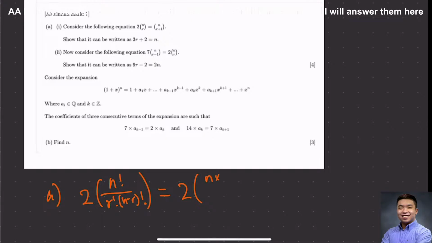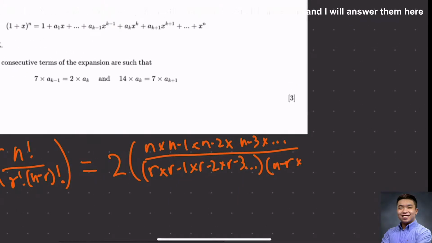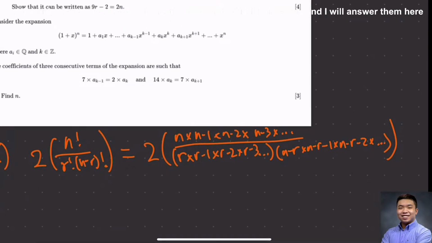So let's write it down: n times n minus 1 times n minus 2 times n minus 3 and so on, all over r factorial, so r times r minus 1 times r minus 2 times r minus 3 and so on, and then this would be n minus r factorial, so n minus r times n minus r minus 1 times n minus r minus 2 and so on. Okay, like that. And then what's next?